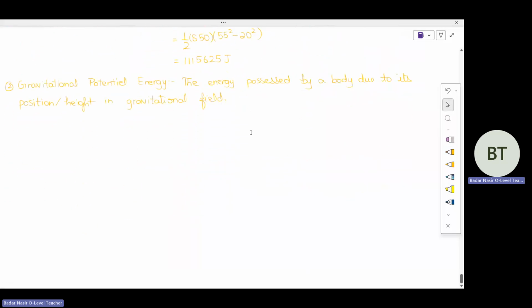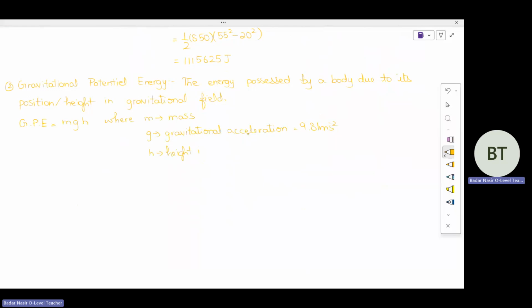And what is the formula for gravitational potential energy? MGH. Exactly. So the formula is mgh, where m stands for the mass, g stands for the gravitational acceleration, which is 9.81, and h is the height.